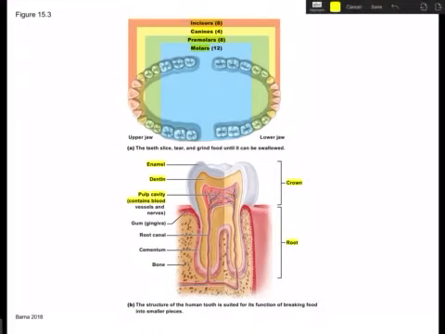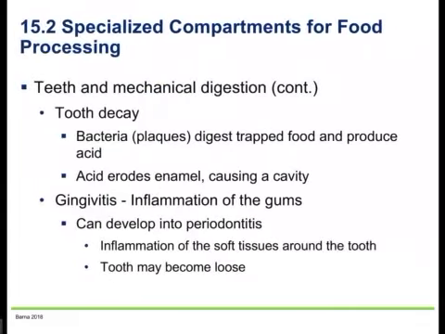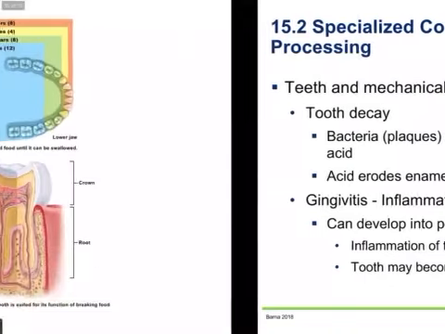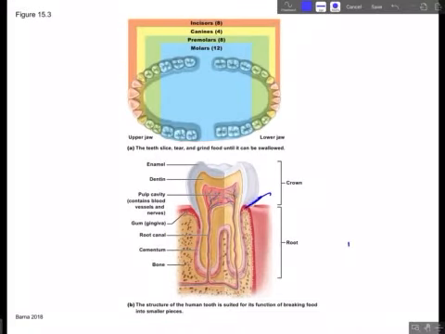All right, tooth decay can occur, so you can get bacteria that will get trapped. Usually it gets trapped right in this area between where the actual enamel reaches the gum line, and that's why it's very important for you to floss your teeth. I'm sure your dentist always reminds you of that.